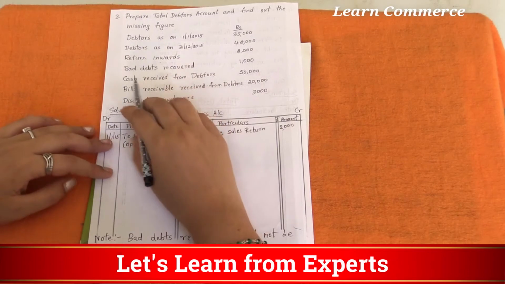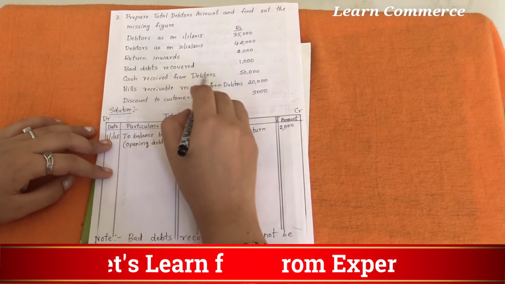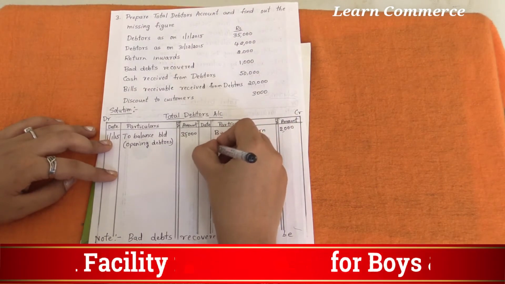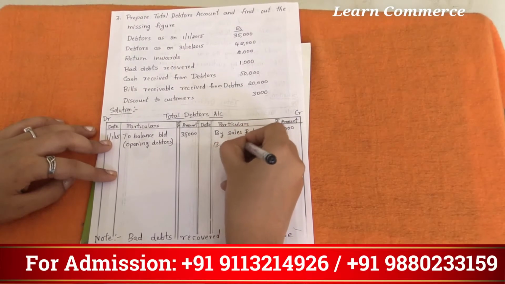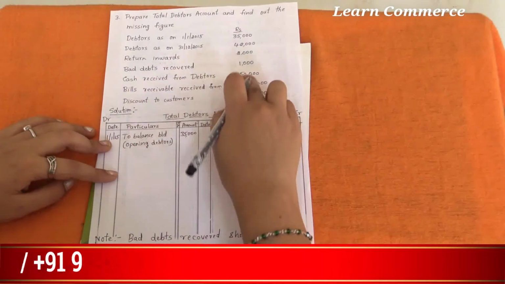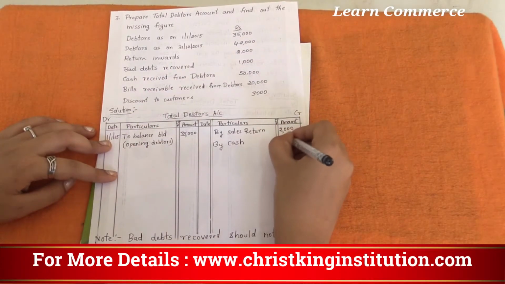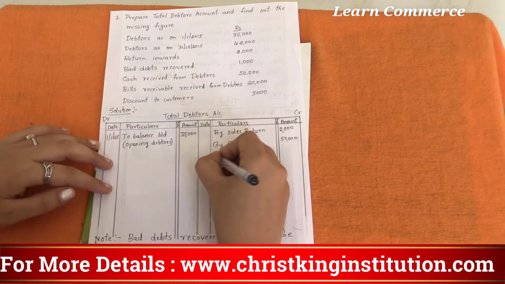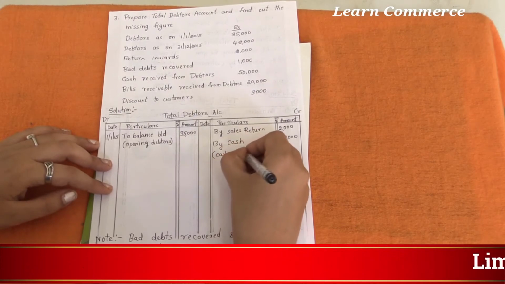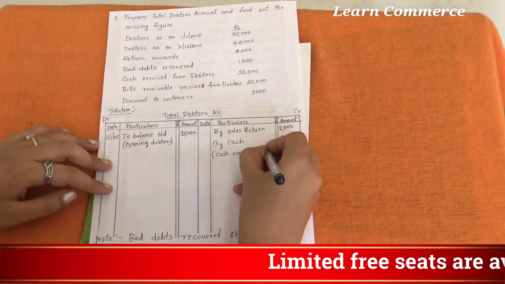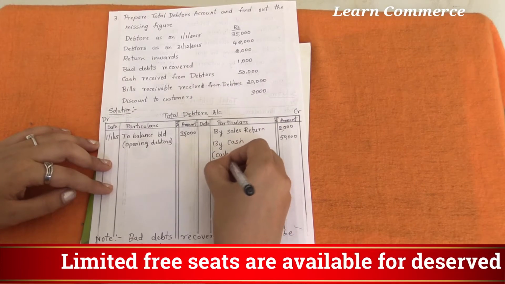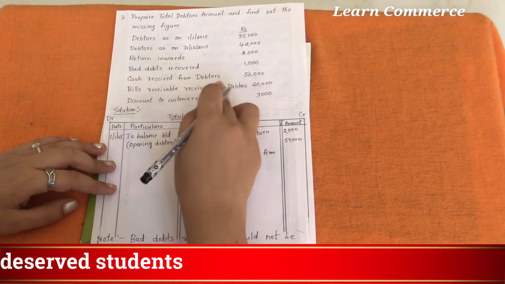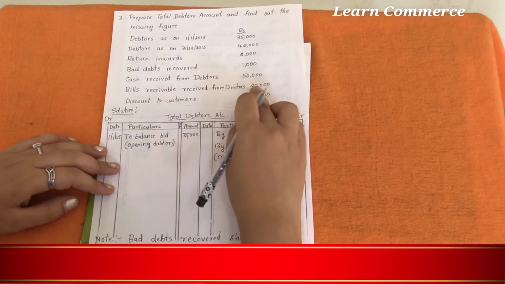Then cash received from debtors 50,000. So here write in the credit side, by cash, amount is 50,000, inside the bracket cash received from debtors. Okay. Next one, bills receivable received from debtors, 20,000.